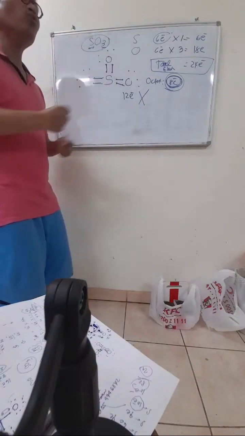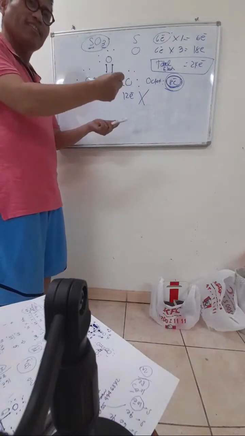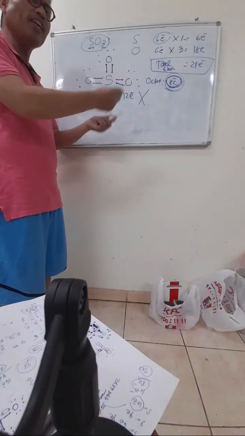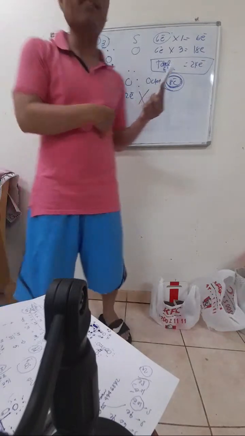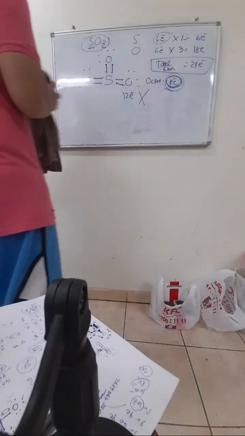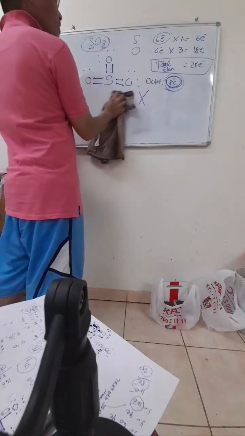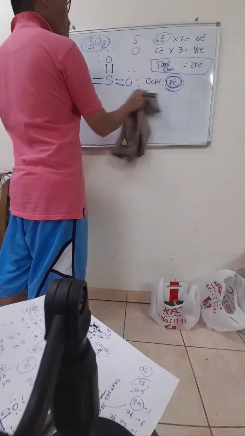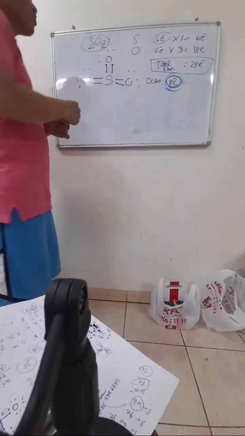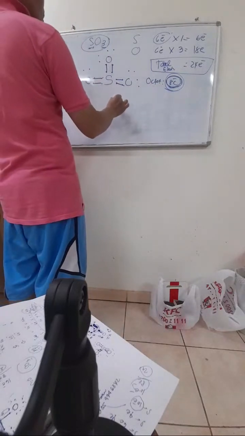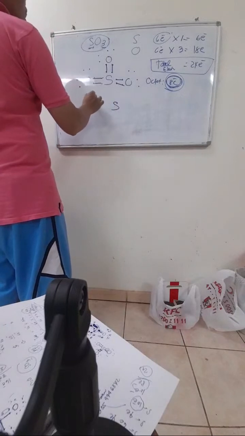Now, you need to restructure your Lewis diagram. I'm introducing the wrong one so that we can really understand. You get the point? Going back, since this is wrong, we need to restructure again. So sulfur, then oxygen.